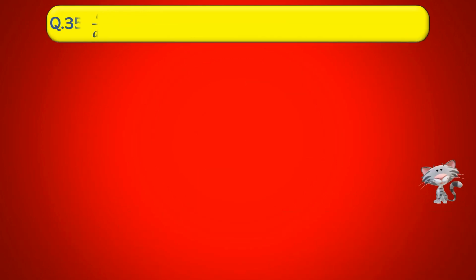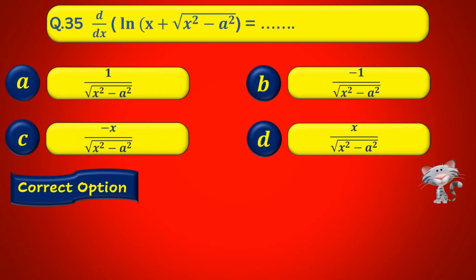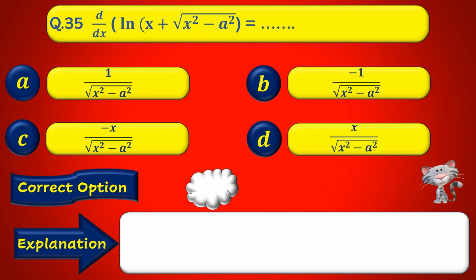Question number 35. d/dx of log of (x plus square root of x² minus a²) is equal to, and the options are, let's find out the correct option. We know that the derivative of log of f(x) is equal to 1 over f(x) into f'(x).